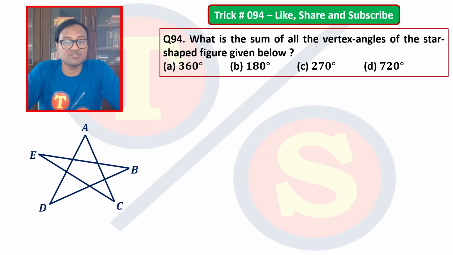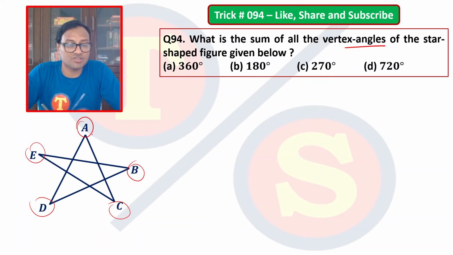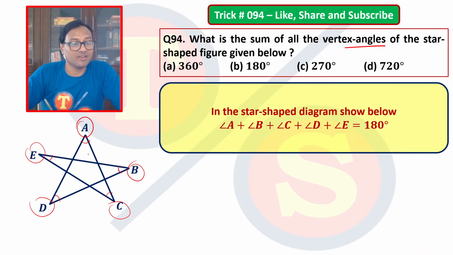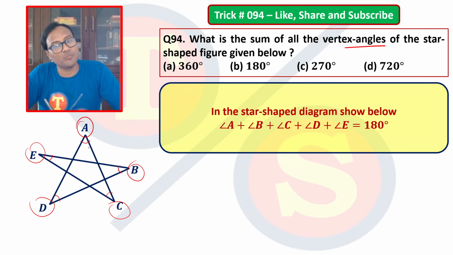Then what will be the sum of all the vertex angles of the star shaped figure over here, right? These are the vertices, right? We have to find out the sum of these angles. If I go deep into mathematics, this will take a lot of time, but what is the basic idea? You can always remember that whenever I draw this type of star, I start from a point and I come back to the same point.